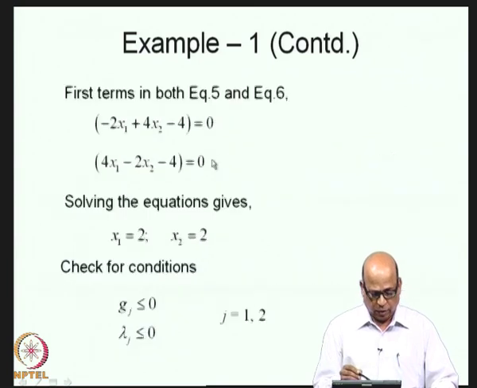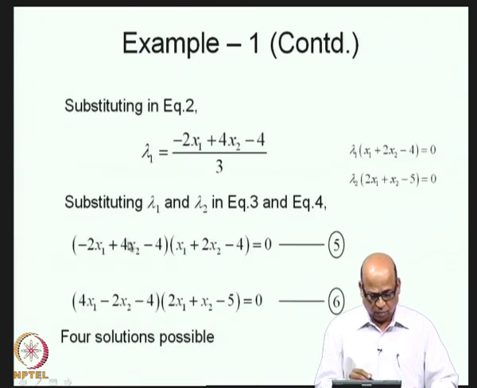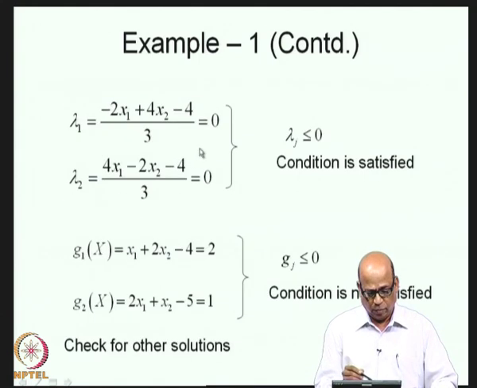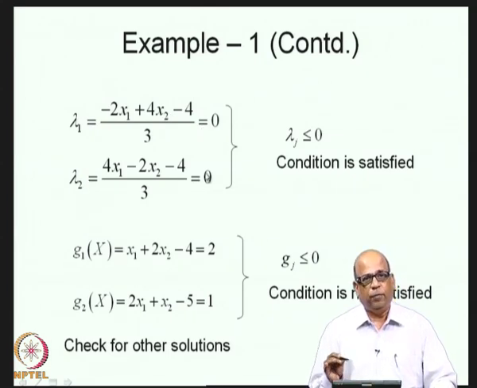This is expected because these conditions that we have obtained here, these are in fact the lambda values, lambda 1 and lambda 2 values, and you are setting it to 0, and therefore, you get lambda 1 is equal to 0, lambda 2 is equal to 0, and therefore, lambda j less than or equal to 0 is in fact satisfied.